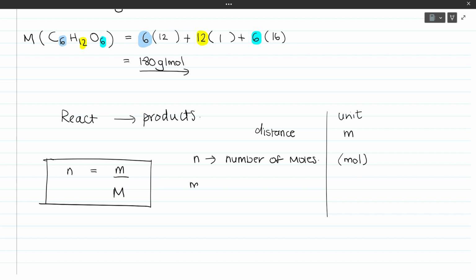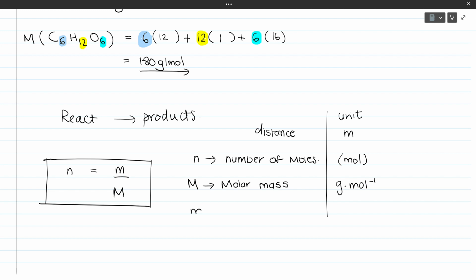The capital M, so let's start with that, refers to our molar mass. And we know how to calculate that using our periodic table. The unit of measurement for molar mass is grams per mole.